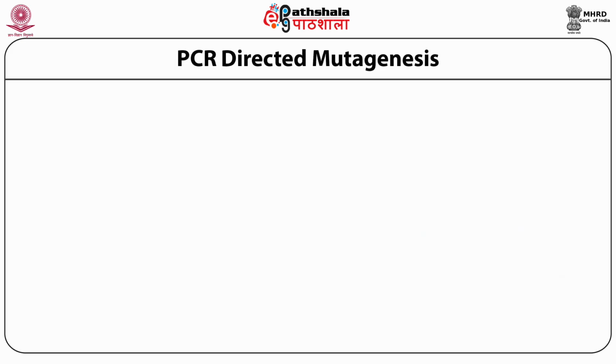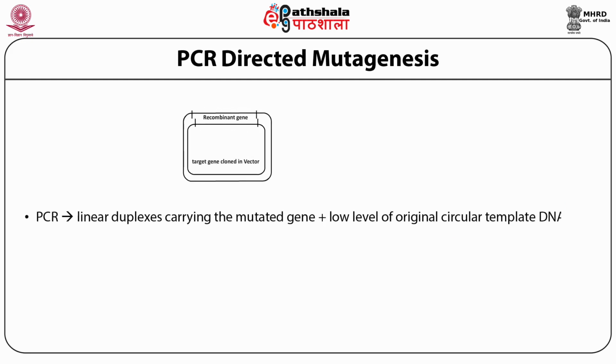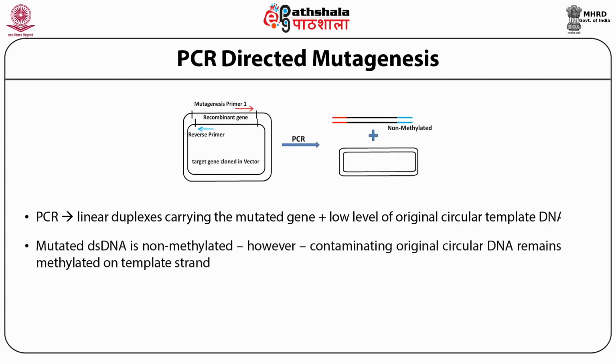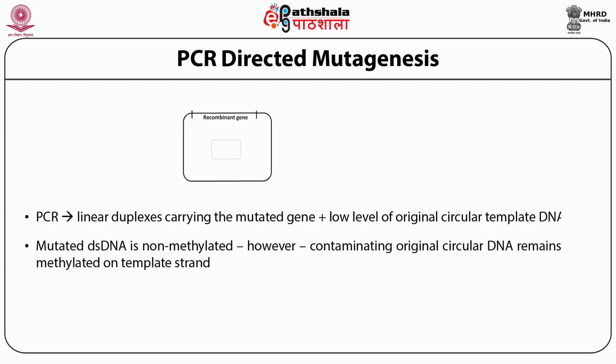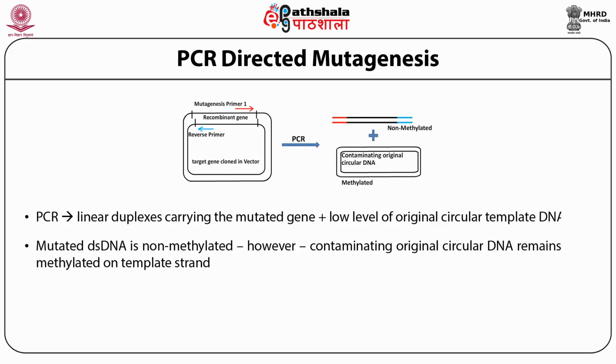Now if we look at the stage at which we are here, the simple PCR has amplified a DNA which is mutagenized from a target DNA. So we have our mutated DNA in linear form with us here. Now we are going to treat this PCR amplified reaction mix with an enzyme which can target only the methylated sites.